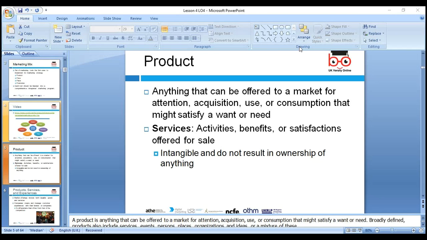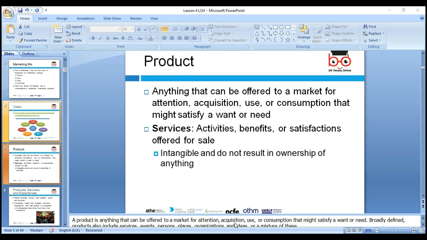Product means anything that can be offered to a market for attention, acquisition, and use, and whose consumption might satisfy a want or a need. Anything that has the power to satisfy human needs and wants is called a product. Service is normally intangible; we can't see it. It is instant: activities, benefits or satisfactions offered for sale. It doesn't have a physical substance, and it doesn't result in the ownership of anything.